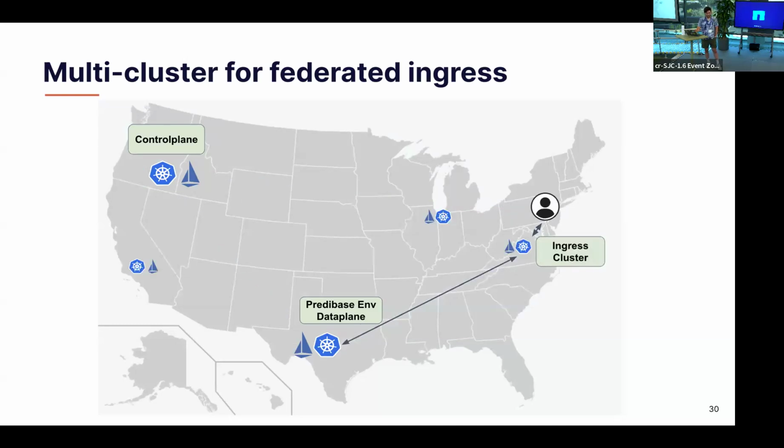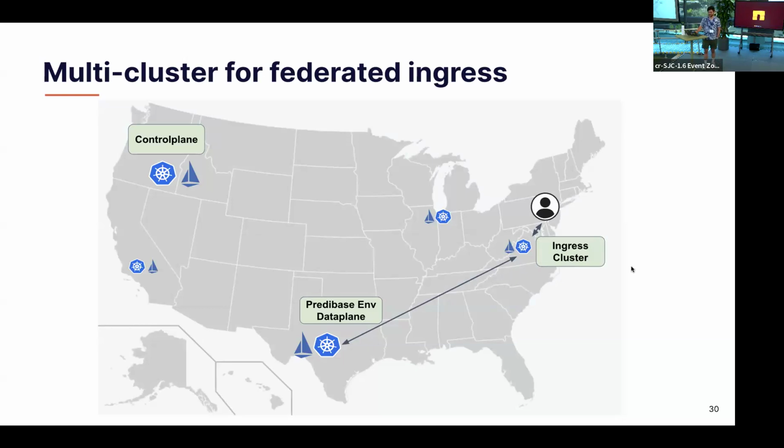Well, one of the weird ideas that we had, which ended up working very well, is we create a bunch of Kubernetes clusters all around the country, all running a very minimal deployment of Predibase, which just contains the rate limit service, the auth service, and that's it. Then there's a thing called AWS Global Accelerator.